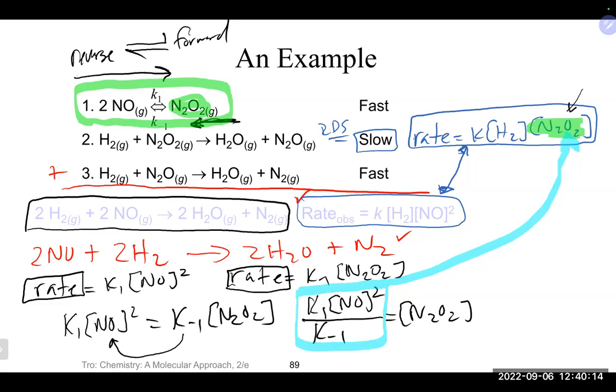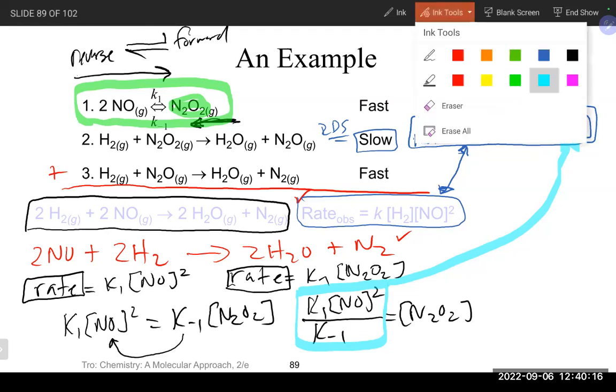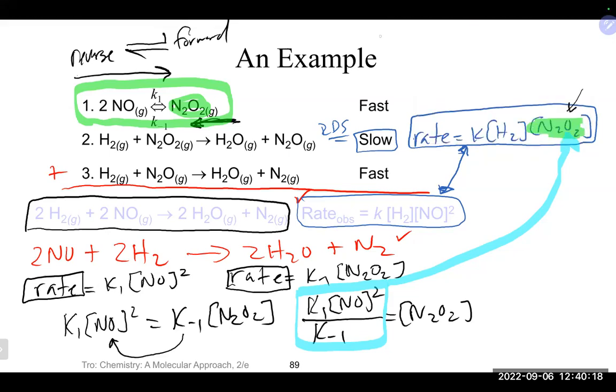And if I do that, I will end up now with a rate law for my slow step: the rate is equal to K times H2, substituting in what I got on the bottom there, K1 NO squared divided by K to the minus 1. All the little K's, they are the rate constants, yes?